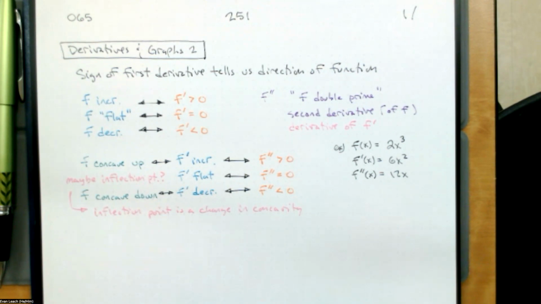We might have a local maximum or a local minimum, but it might be neither. It just means that the function is flat.